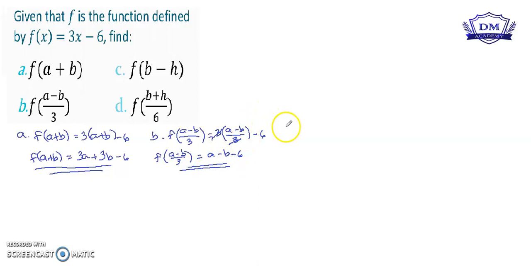Next. Let us evaluate the function by f of b minus h. This is equal to 3 times b minus h minus 6.